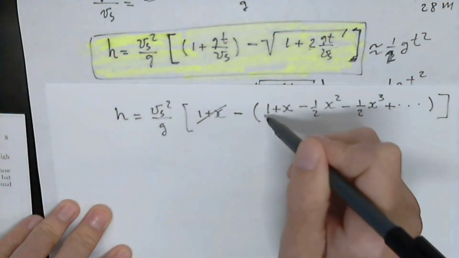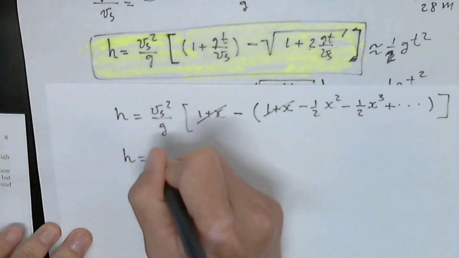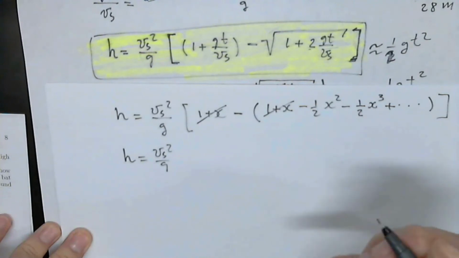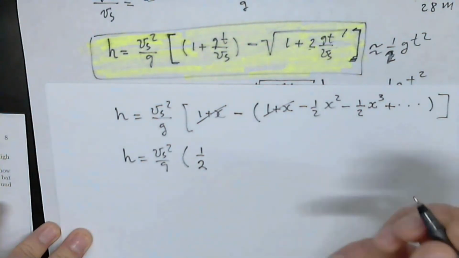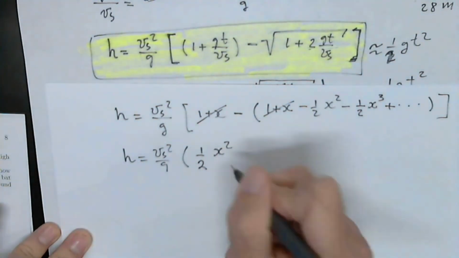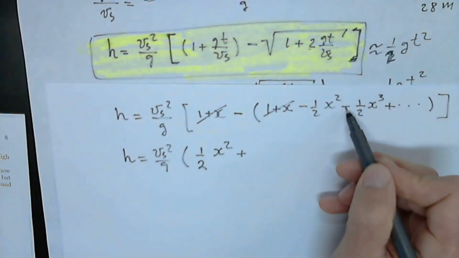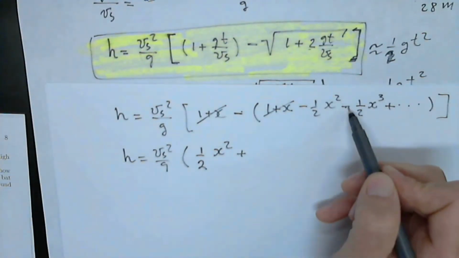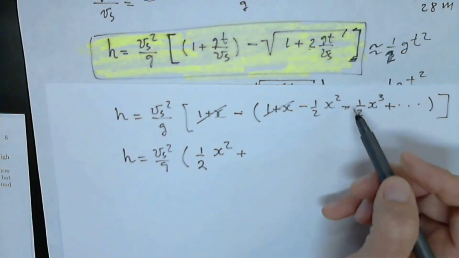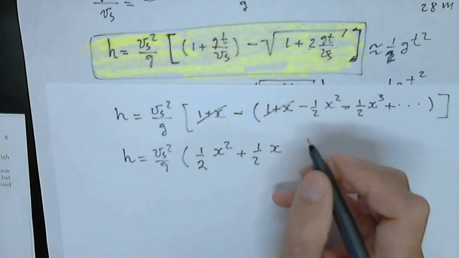Again, this cancels. And I get bs squared over g, 1/2 x squared, and negative. It's supposed to be positive, so negative and positive is negative. This term is supposed to be negative. Let me see if I find a mistake.